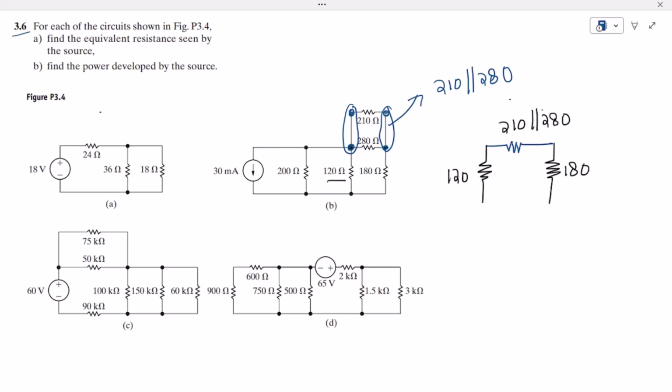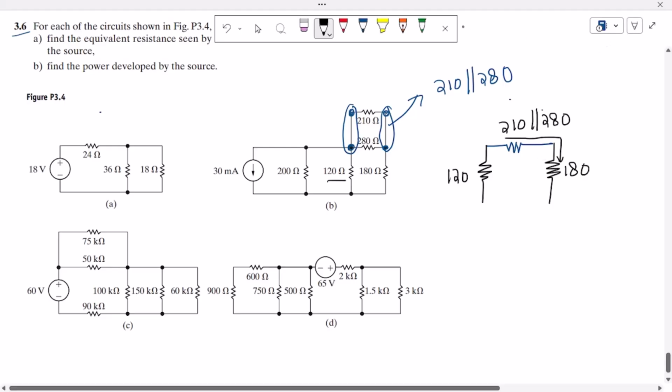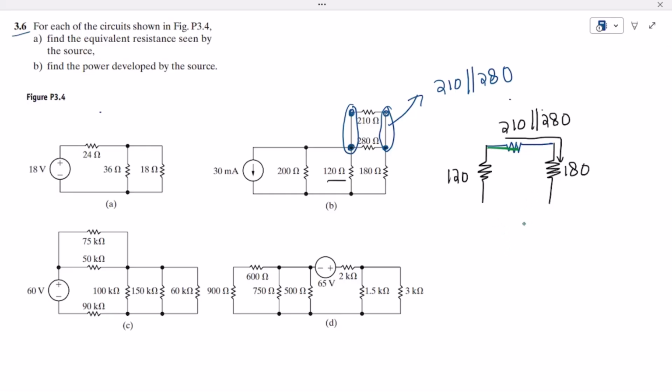We can see that the same amount of current flows through them, so the combination of them will be in green: 180 plus 210 in parallel with 280, and with it we have another resistor, this 120.